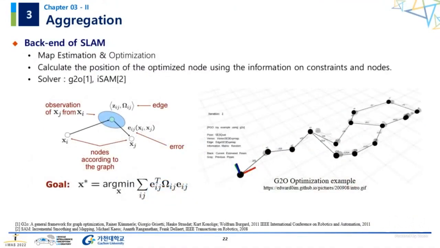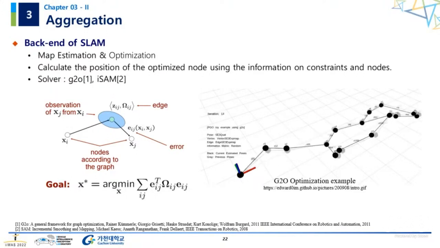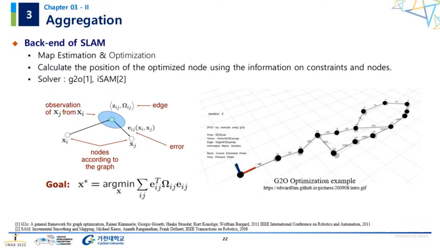The process of calculating the positions of optimized roads using the constraint information and the roads created through the front end is performed in the back end of GraphSLAM. Xi and Xj are the positions of two nodes in the current graph.